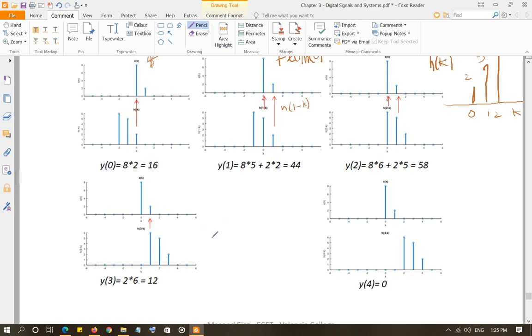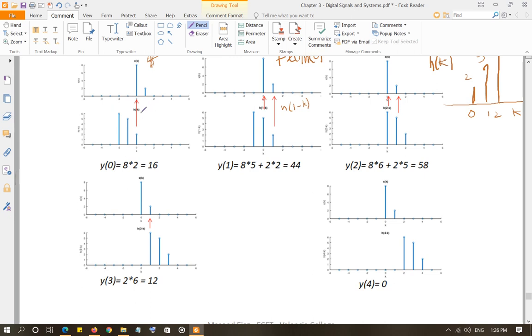Then you flip h of k to make h of negative k, you flip it about the y-axis, and then the first value, y of 0, is going to be the x of k sequence multiplied by the h of negative k sequence. So whichever component is aligned, which will be only the components at k equal to 0 and 0, those two will be aligned. That's going to be y of 0.